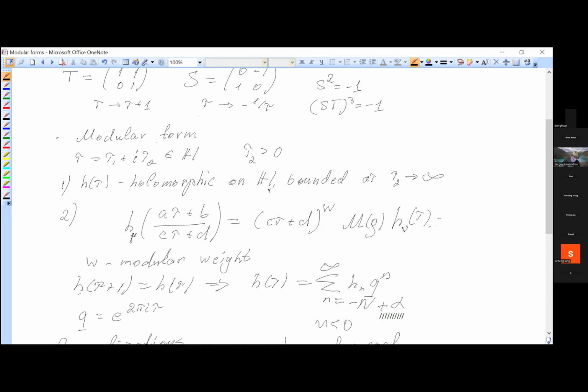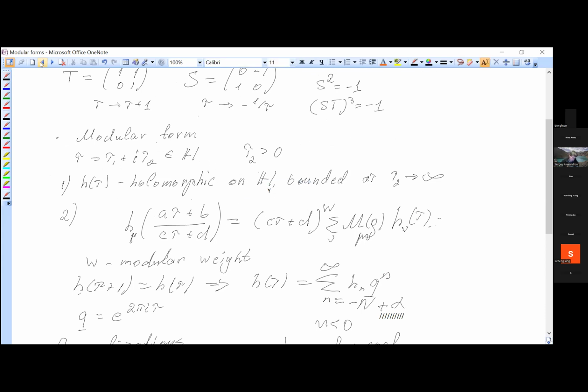We'll have index nu here. We'll have a sum over nu of a nu. And instead of the multiplier system just being a complex number, now there will be a matrix M mu. So that's a very easy generalization.